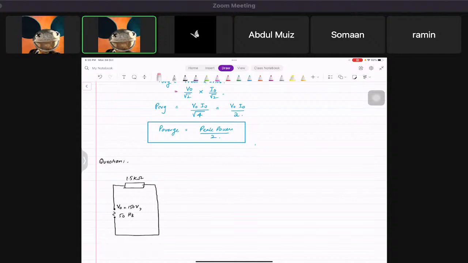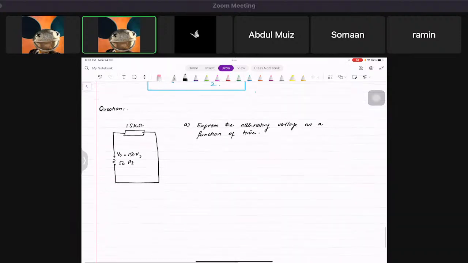In the first part of the question, it says express the alternating voltage as a function of time. That's important. Then it says find the instantaneous voltage and current at 0.3 milliseconds.